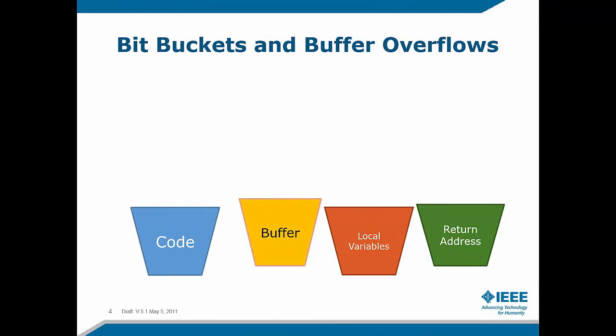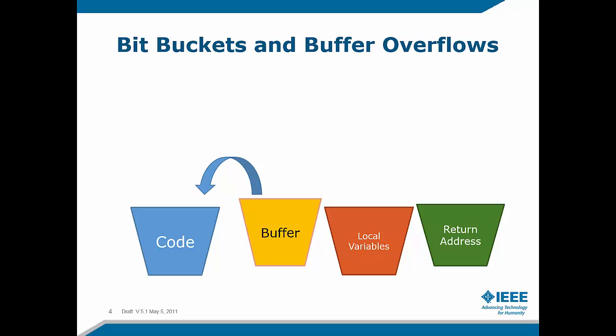We can think of these different areas of your main memory as bit buckets, and especially when the area of your main memory storing user inputs called buffer gets overflowed by excessive user inputs, it can contaminate the other areas of your main memory or bit buckets, like this.